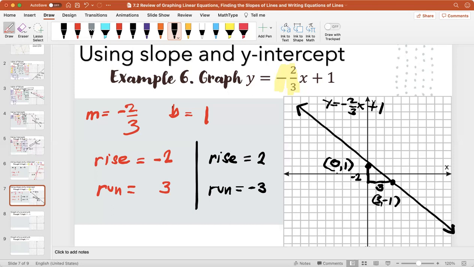So where's your y-intercept here? The y-intercept is this. So that means you count 2 units up. That'll be 1, 2, and then run 3 units to the left.